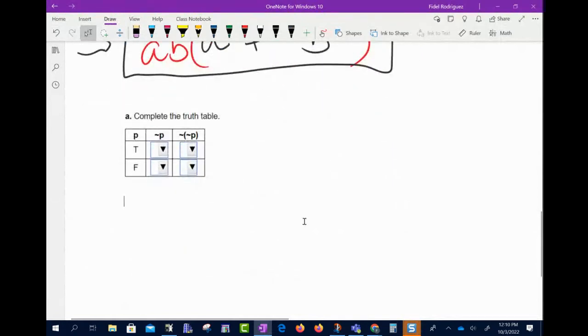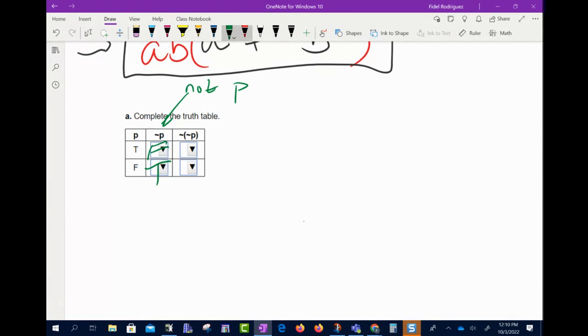Okay, so in remembering, in truth tables, the one thing I want to emphasize, y'all, is that that little symbol right there is not P, okay? So what that's telling me is I'm going to change the truth value for P. So if P is currently true, then not P would have to be false. And if P is currently false, then not P would have to be true, right?